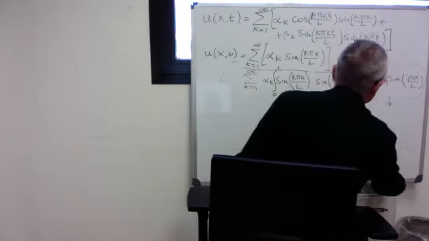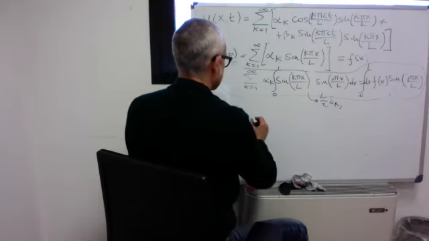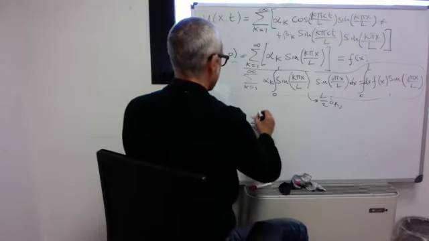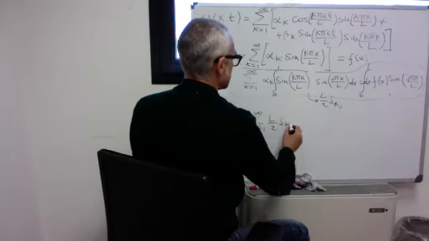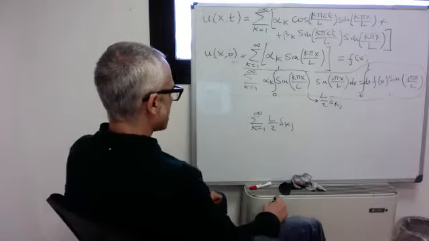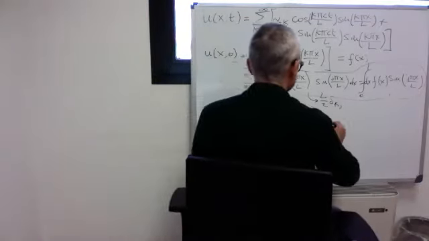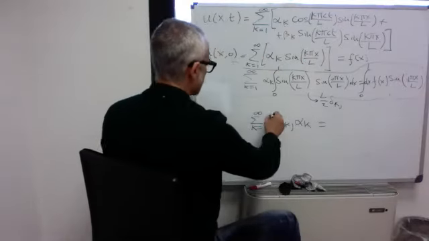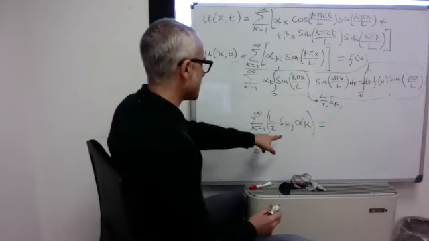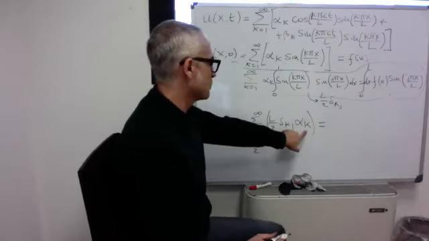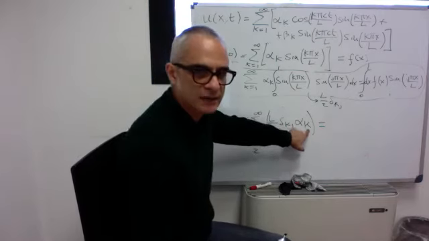So here you get the sum from k equals 1 to infinity of L halves delta kj alpha k. And let's simplify this. L halves I can pull out of the sum, and everything within this sum will be 0 except for the case where k equals j.